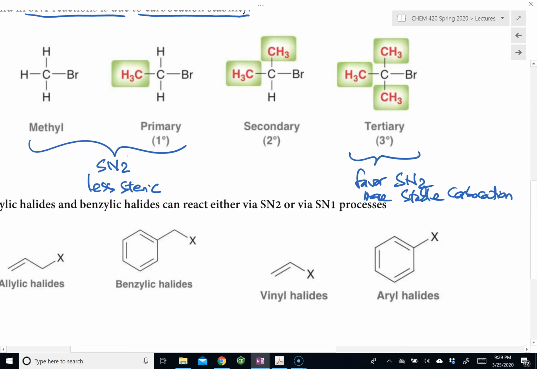If we have a secondary substrate, in this case right here, there's no selectivity. A secondary substrate can do both SN1 and SN2 without any selectivity.